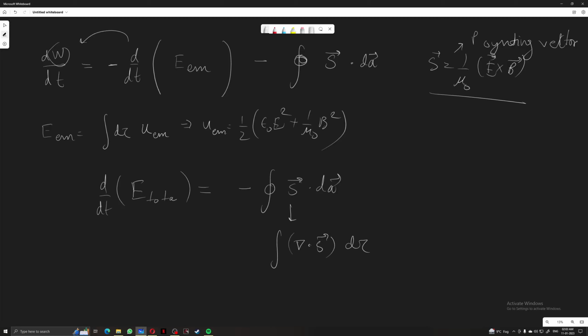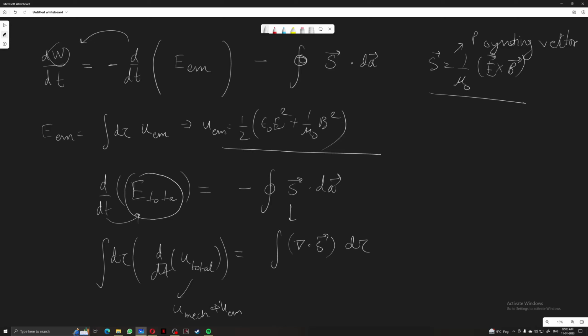And instead of energy, I can write this in terms of energy densities. So there is a volume integral, and inside that volume integral I have energy densities. This d/dt I pulled inside the volume integral, d/dt of total energy density, where this total energy density has the mechanical energy density plus this electromagnetic energy density, which is given by this.